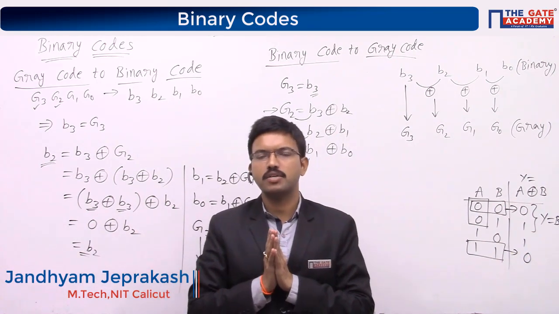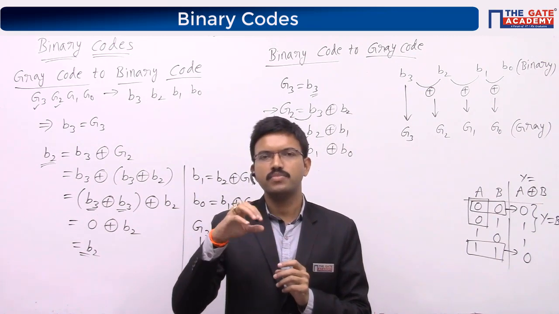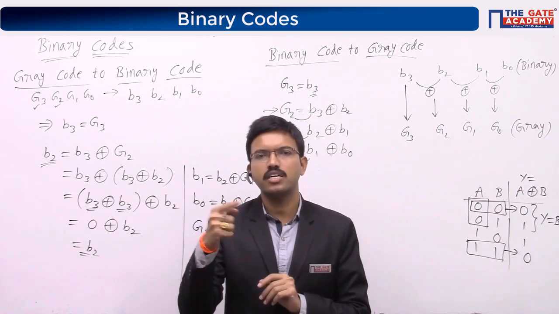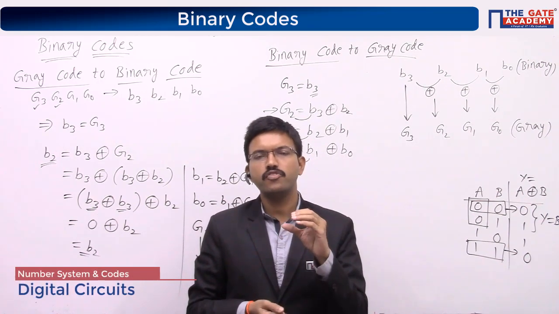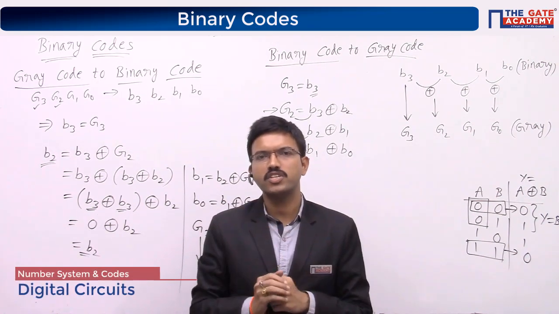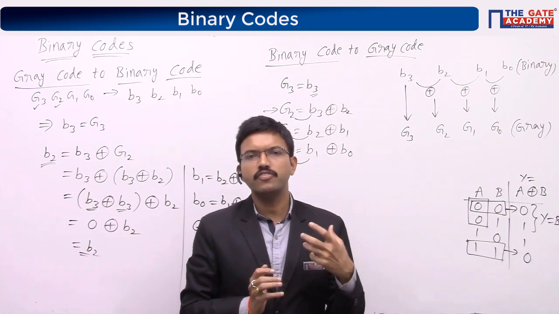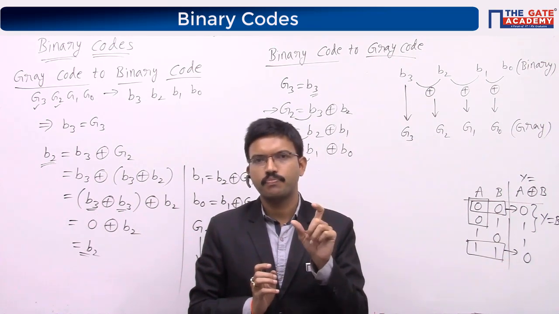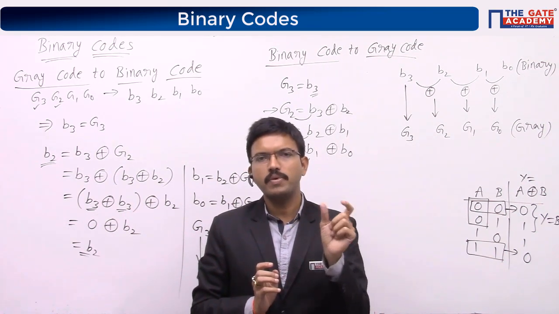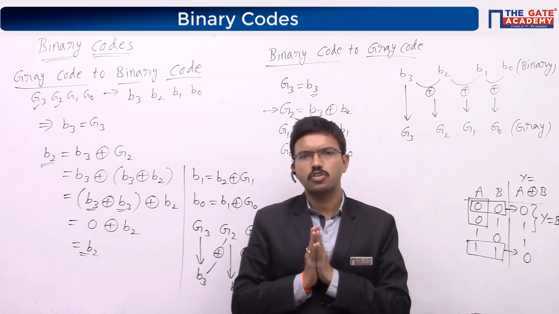Suppose there are some devices or machines where circular rotation takes place. There, if you have to find the angular position of the shaft, you can use this gray code. If you use binary code instead, all the bits may not change at the same time, and then you will get some other code.